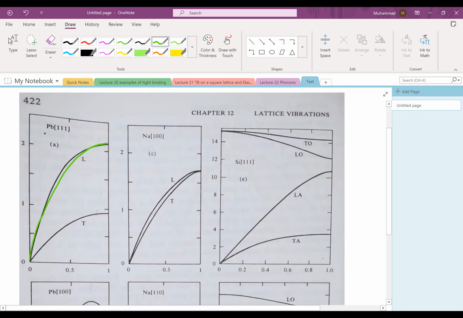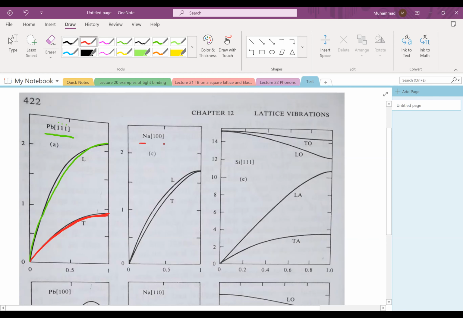And this dispersion relationship, by the way, is drawn for the lead crystal structure along the direction 1, 1, 1. The primitive unit cell is just 1 atom in lead. Remember, we're talking about the primitive unit cells here. So there is 1 kind of longitudinal branch inside the dispersion relationship, and there will be 2 transverse branches which will be overlapping with one another, totally degenerate.